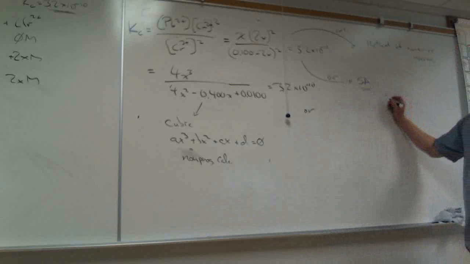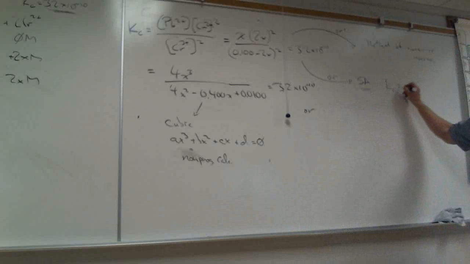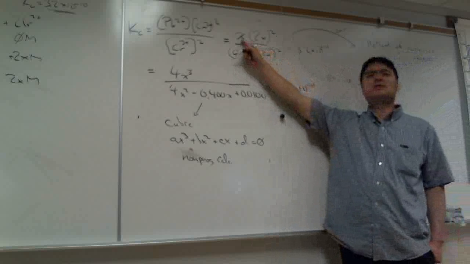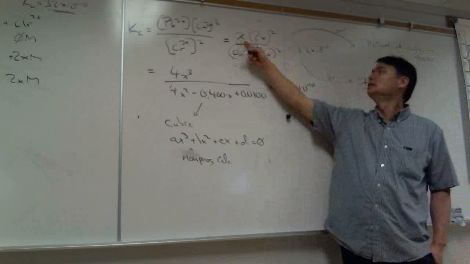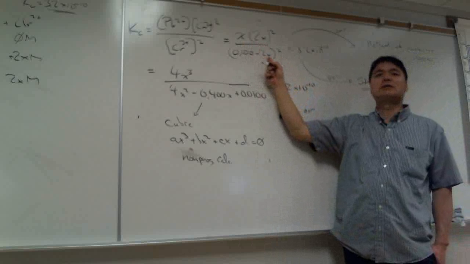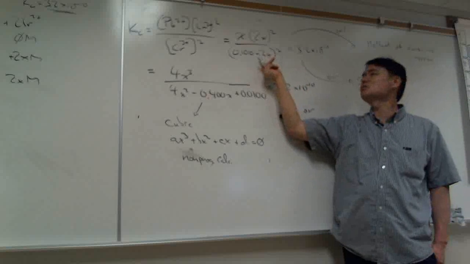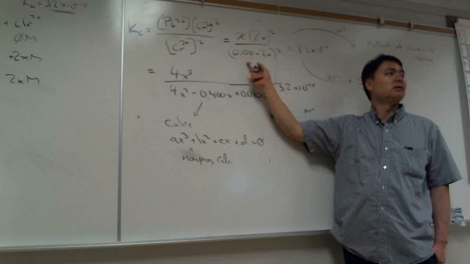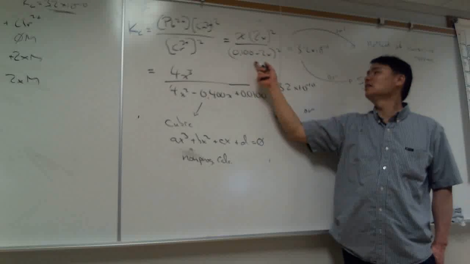And so if I use the simplifying assumption, will this x go to 0? No. How about this 2x? We're going to assume that the 2x is so small compared to 0.100 that it'll have negligible impact.